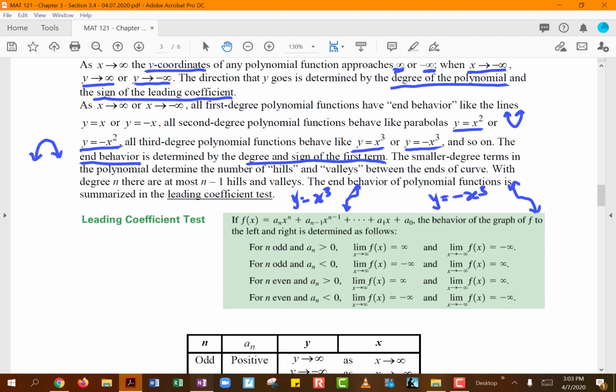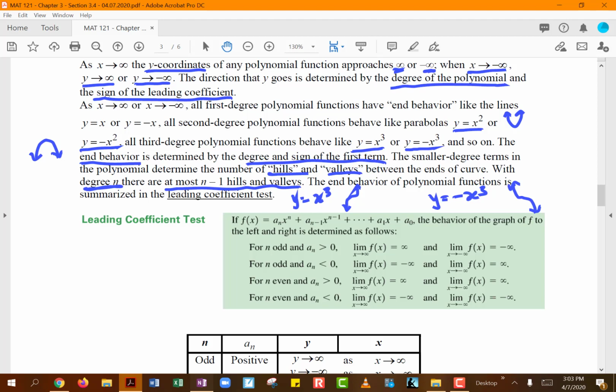And they're also saying that the smaller degree terms in your polynomial tell you how many hills and valleys you're going to have between the end curves of your graph. So if you have a degree n polynomial, that means you are going to have at most n minus 1 hills and valleys.